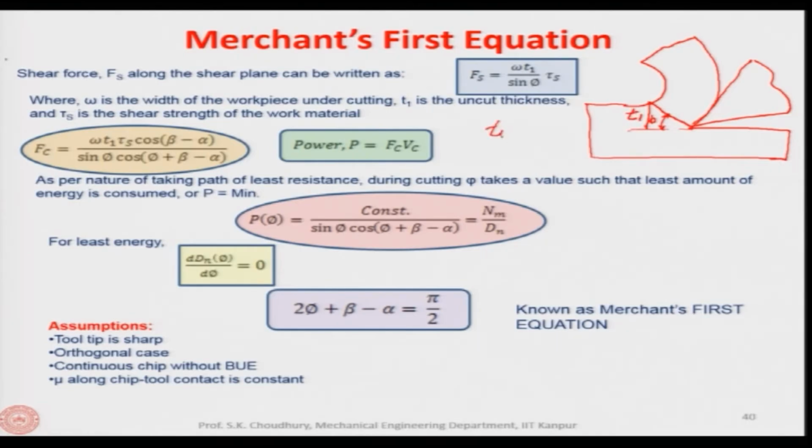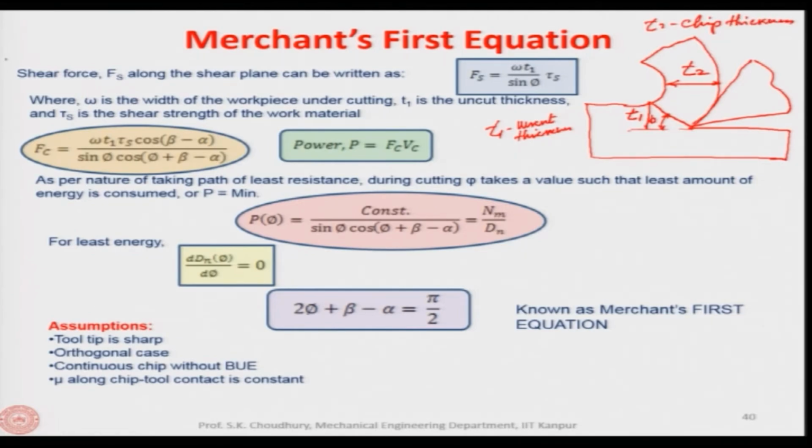T1 is the uncut thickness, because this is not yet cut, and this thickness is the chip thickness, which is called T2, going ahead I am telling you. So, T2 is the chip thickness.